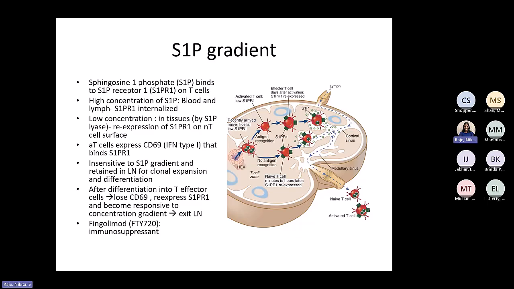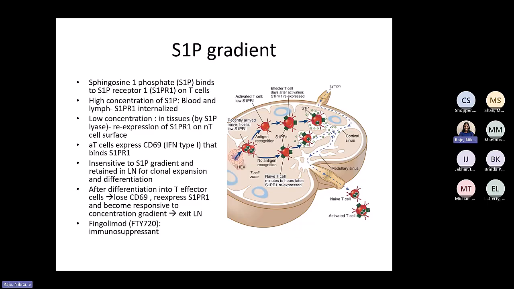As it moves through the tissues, because there is re-expression, it becomes again responsive to the gradient, so it's attracted towards the higher concentration, so that it's going to move through the lymph node or tissues and go towards the blood or lymphatic vessels, so that it continues to move.